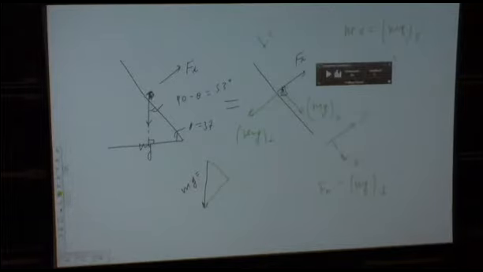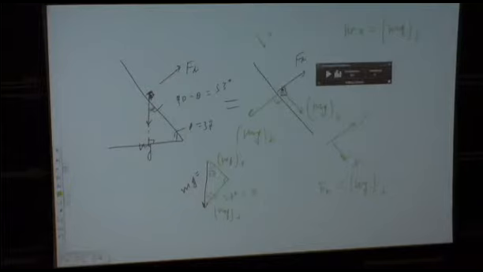So this angle is 53, the same angle as here, between the same directions. This is 90. Components are perpendicular to each other. This is 37, or what we call theta. This is what we call mg parallel, and this is what we call mg perpendicular.